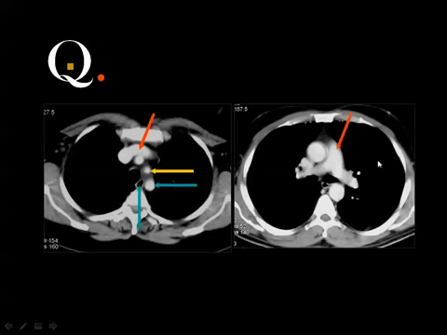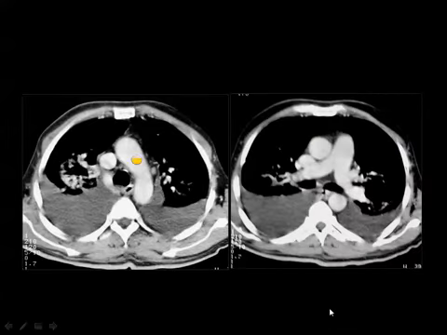Then if you look here, this is the pulmonary main trunk, and this is the ascending aorta, and this is the superior vena cava, and this is the descending aorta. Then this is of course the arch of the aorta or the banana, and this is the right main pulmonary artery, and this is the descending aorta, and here you can see the superior vena cava.